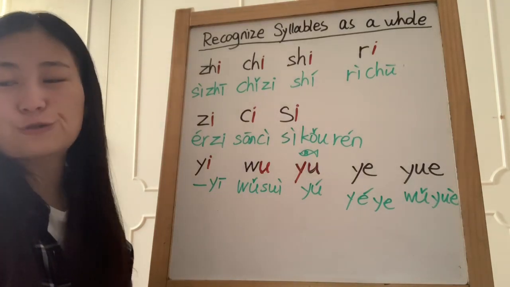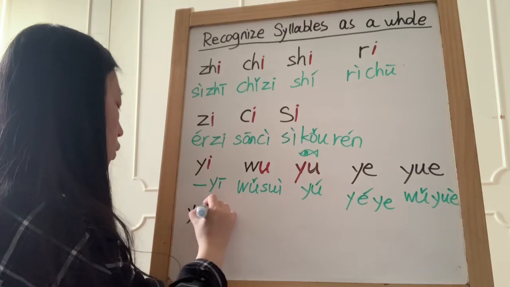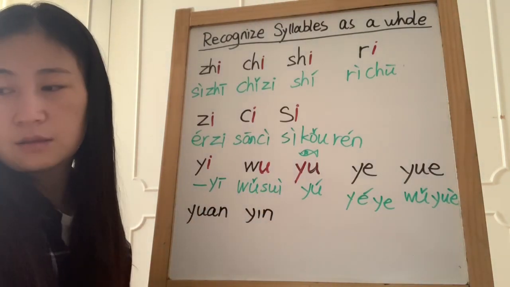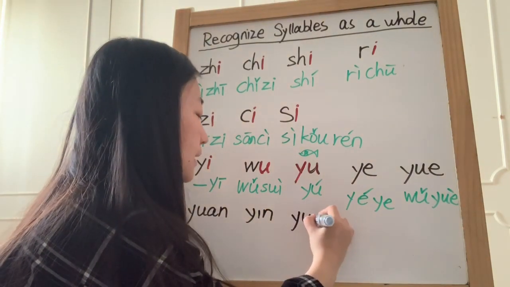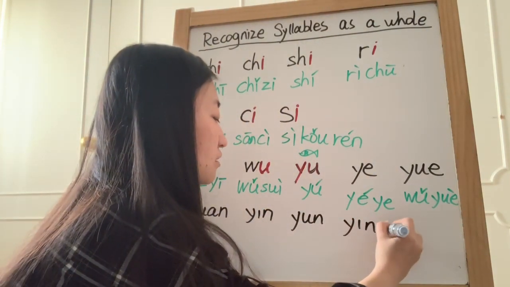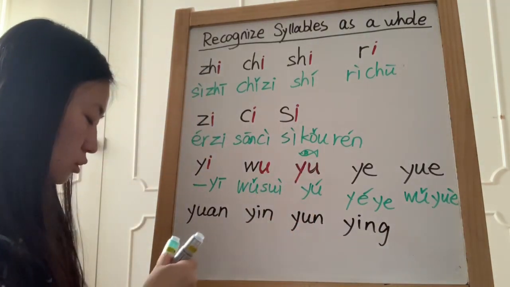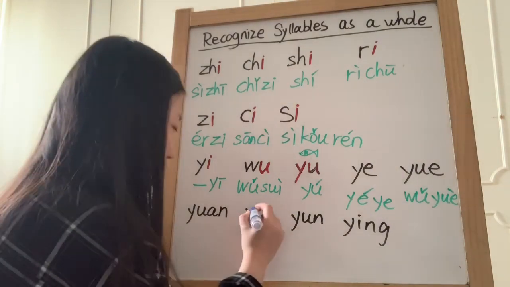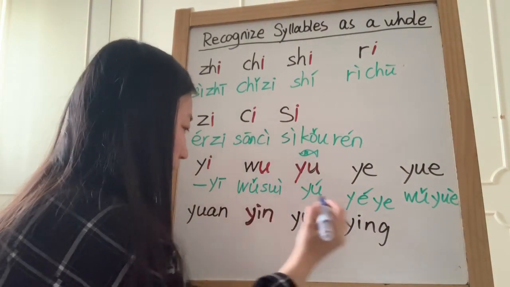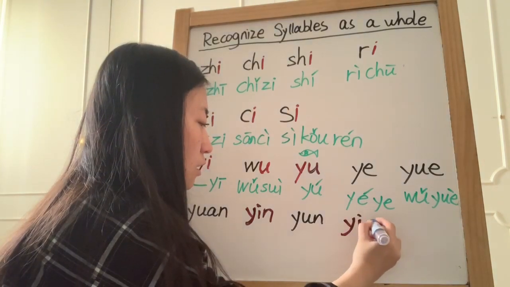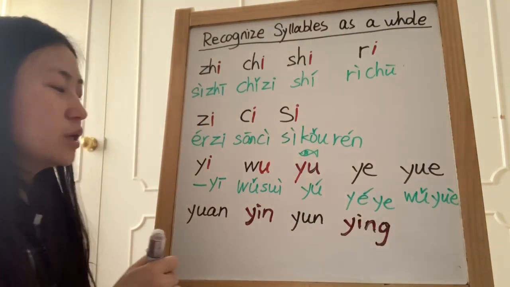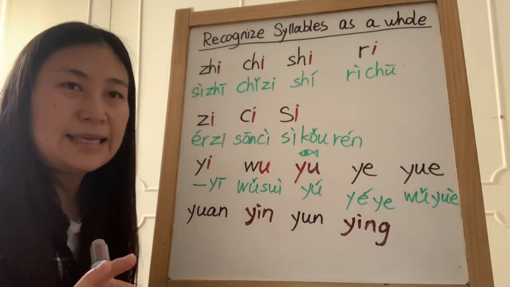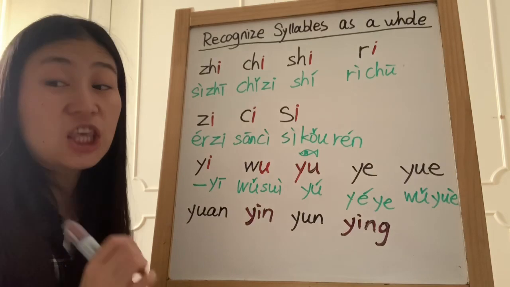Alright, the last group. 元, yin, yun, and ying. Okay, so these two are special. Yin and ying. Remember, last week we learned the nasal endings: an, in, and on, ying.